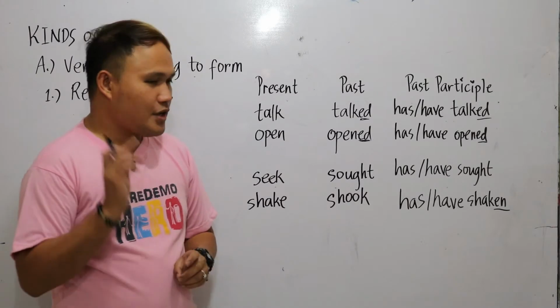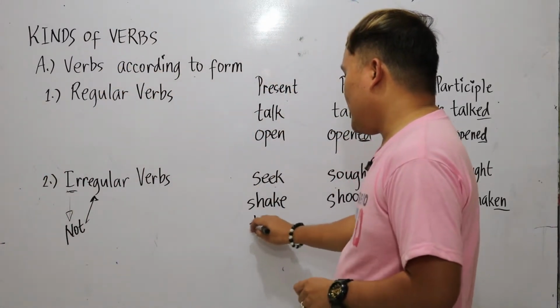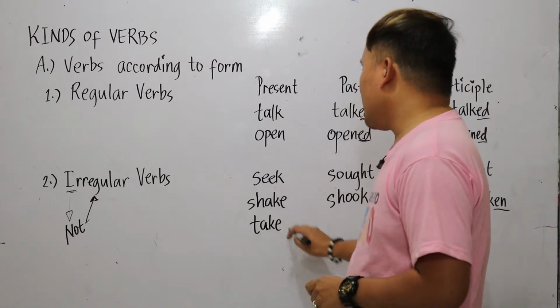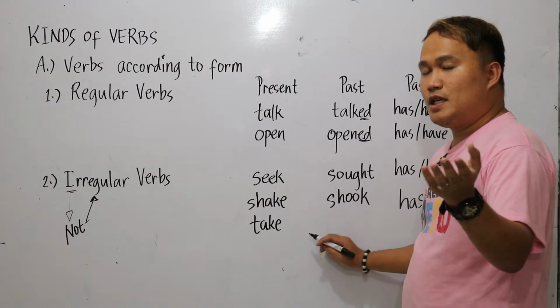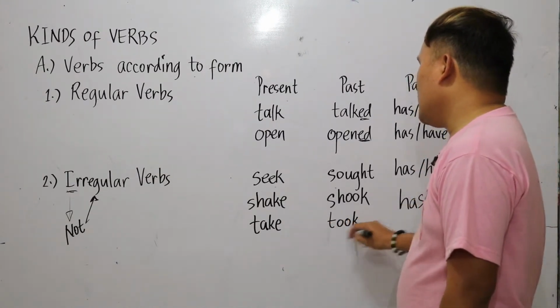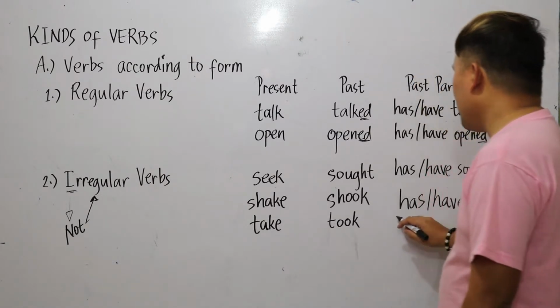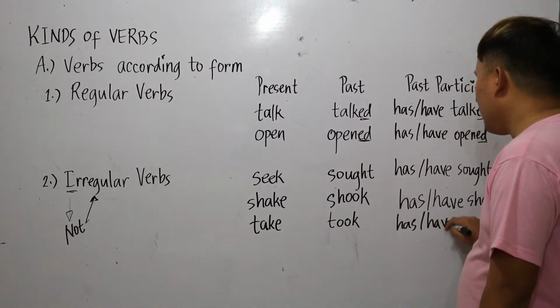Okay. Another example. Take. Let's have this one. Now, who can give the past form of take? Anyone? Took. Okay. Take, took. And who can guess the past participle form of take? Has or have?